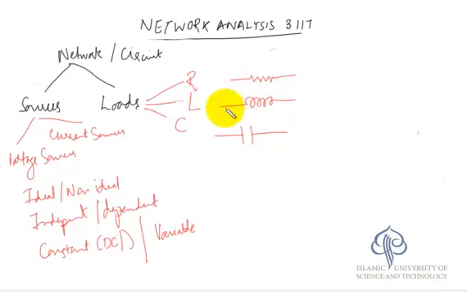So any inductor that you'll see will have some resistance of its own, but we talk about ideal elements. So you have a resistance, you have an inductance, you have a capacitance.